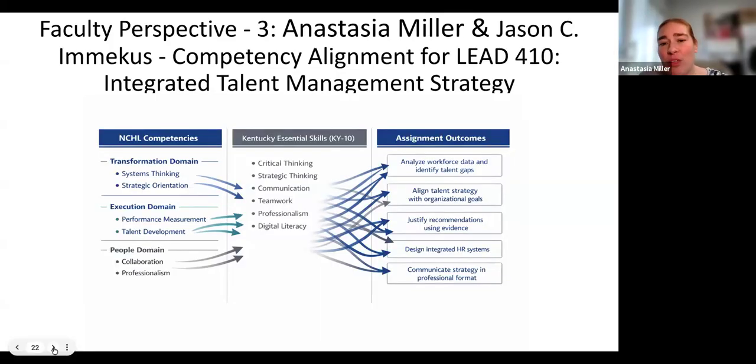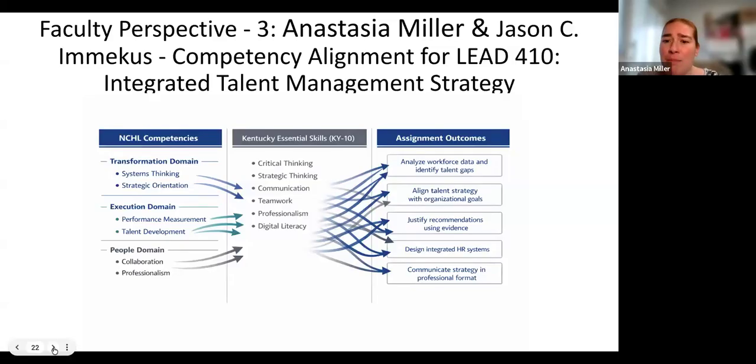We identified domains and competencies we wanted them to demonstrate, such as systems thinking, performance measurement, collaboration. That tied in well. We then mapped to the Kentucky Essential 10 skills: critical thinking, communication, professionalism.